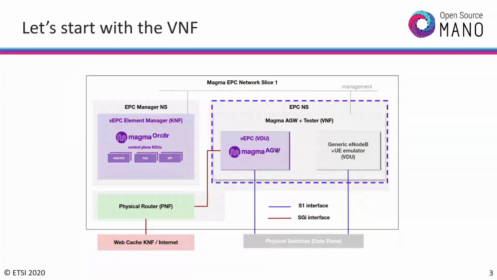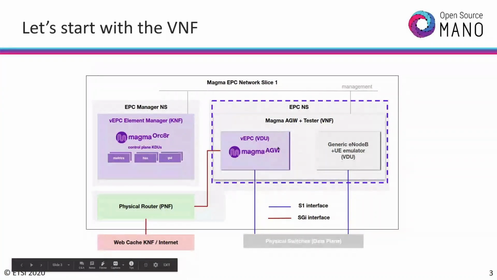This emulator will eventually connect to the access gateway as if it were a remote Node B connecting to a packet core. So these two will form a VNF, the Magma Access Gateway and the tester. And this is what we are building now.